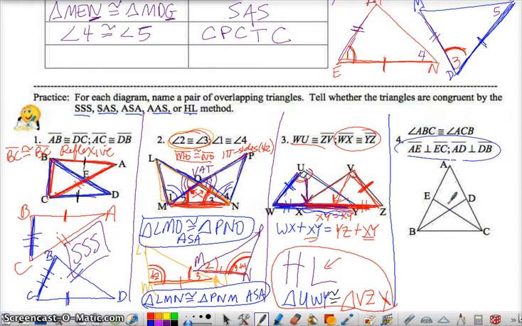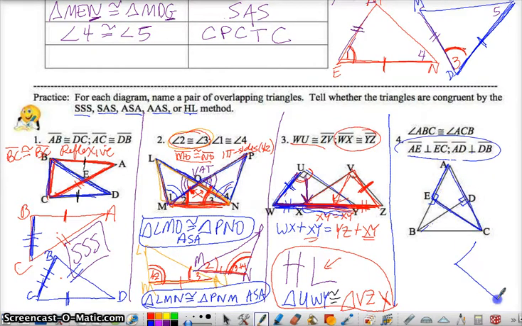Okay, so let's mark some information. We have these being perpendicular, right? So AE is perpendicular to EC, AD is perpendicular to DB, so I know I have right angles because of the definition of perpendicular lines. So let's look at that. To me, I instantly see right triangles. So here's a right triangle.